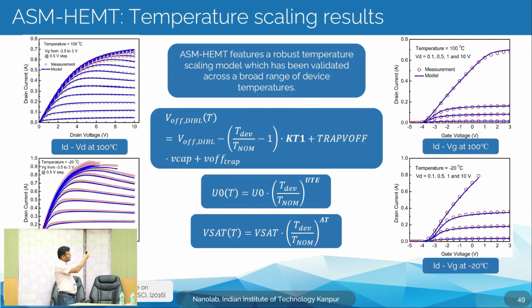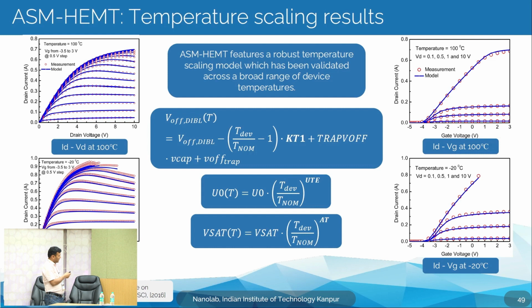Voff has the KT1 parameter for temperature, similarly mobility has the UTE parameter, and VSAT has the AT parameter. This is the validation for different temperatures: 100 degree Celsius and minus 20 degree Celsius, ID-VD and ID-VG.